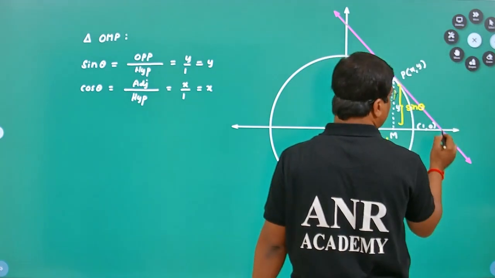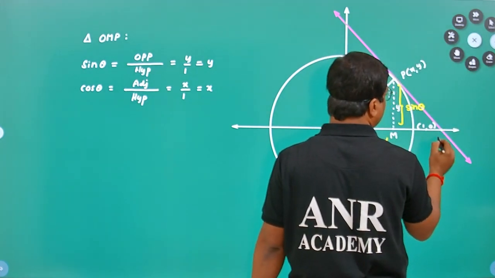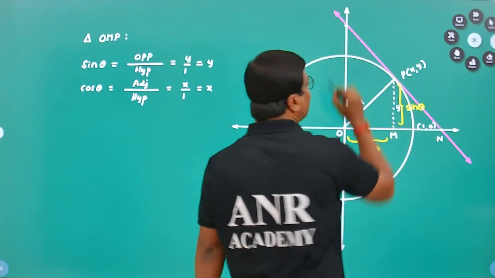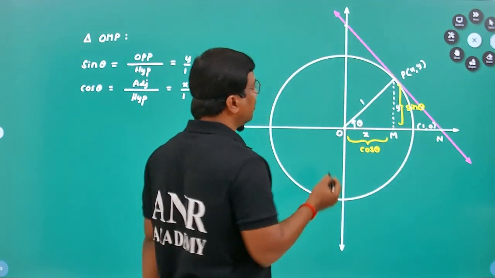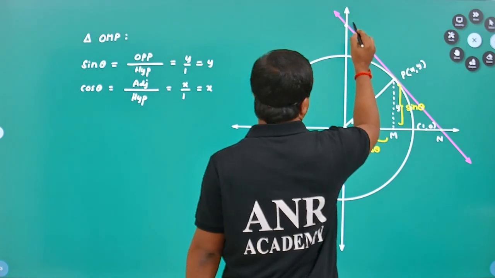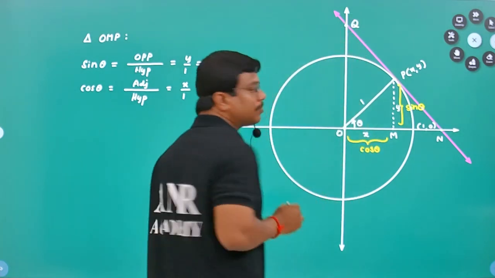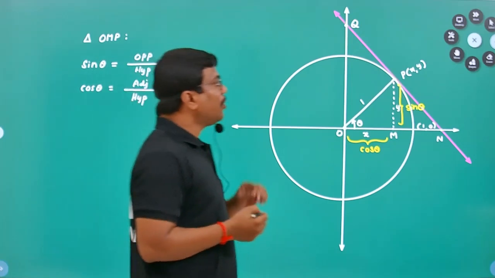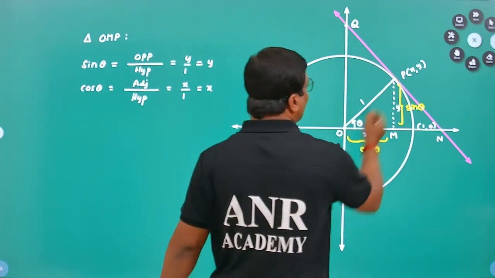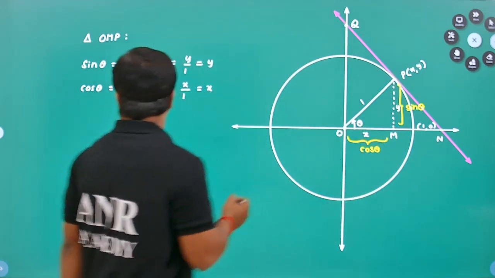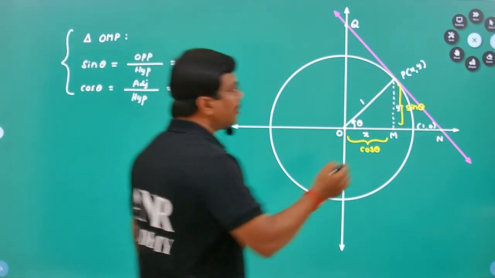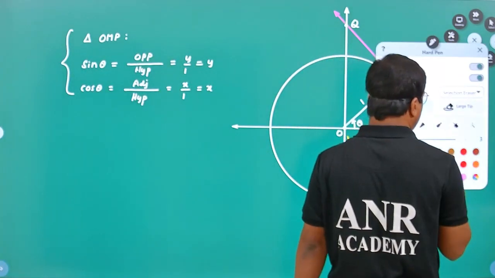Suppose that here the intersection is some N, and another point of intersection on the y-axis is some Q. Now I am going to use the triangle OPN.